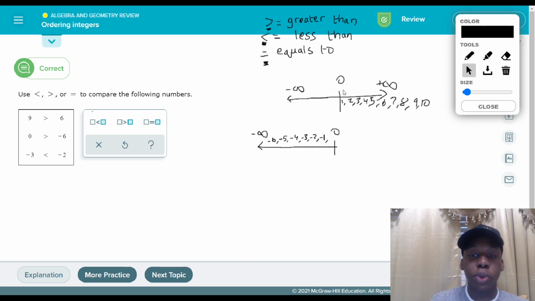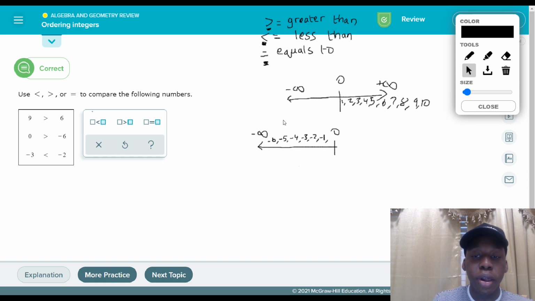When we're dealing with two negative numbers, the number that is closest to 0 is the bigger number. Always remember negative is kind of like a ticking time bomb. It counts downward, so with negative number lines it doesn't start from 1, 2, 3.